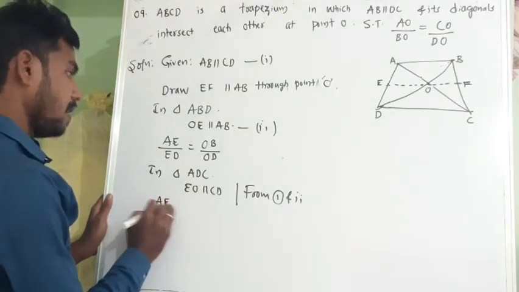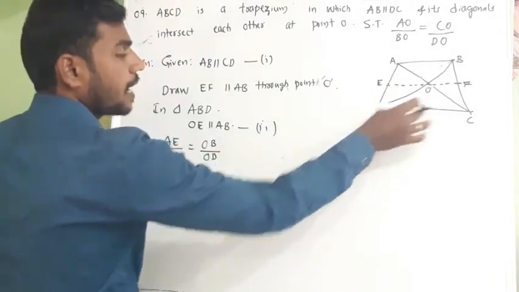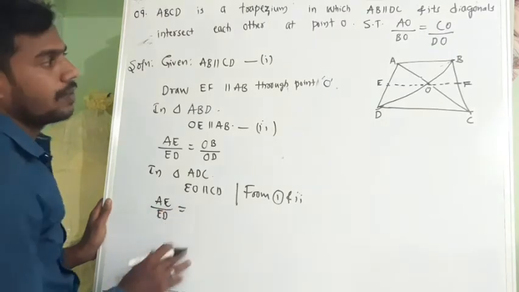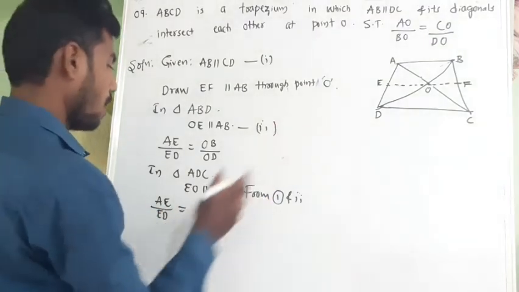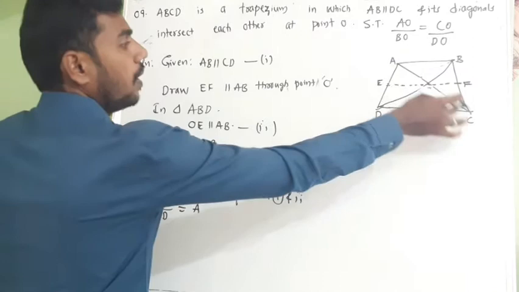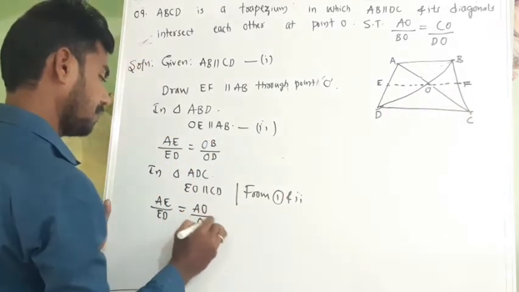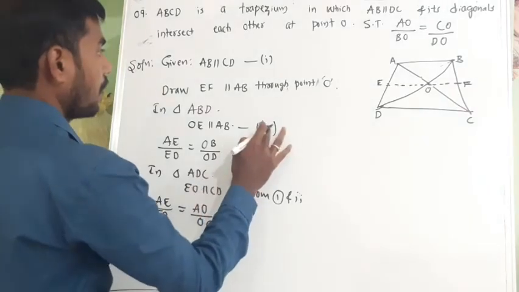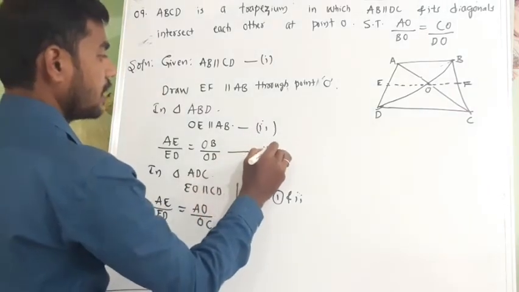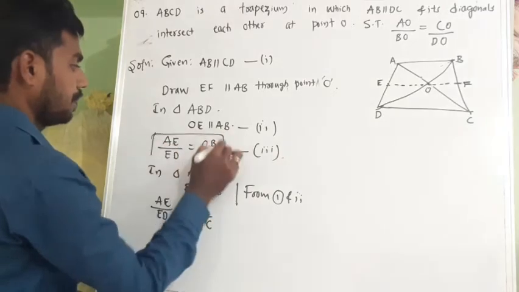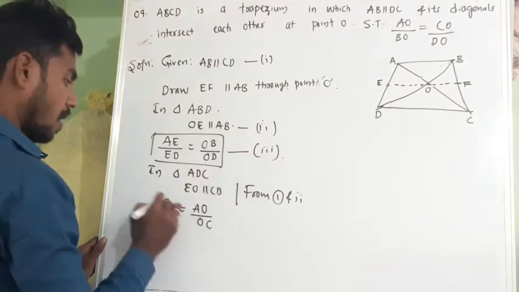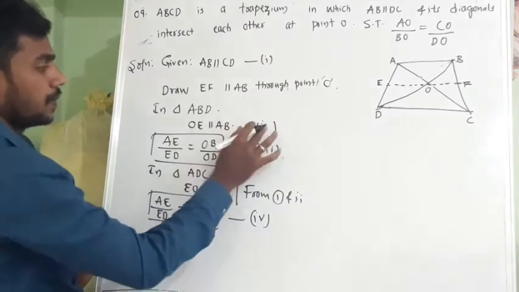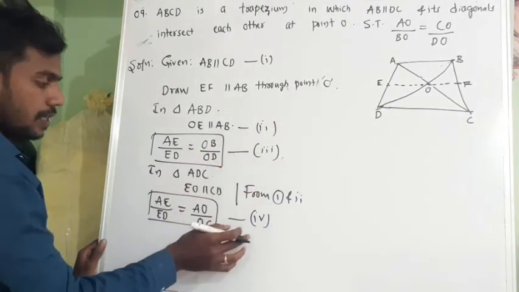AE by ED. Since EO is parallel to CD, I can apply BPT. AE by ED is equal to AO by OC. Okay. I'll call the first one equation number 3 and this one equation number 4.